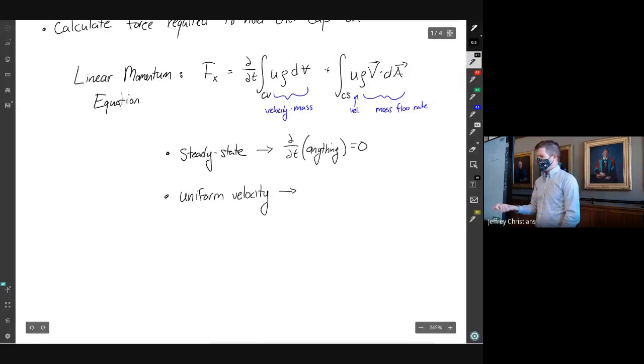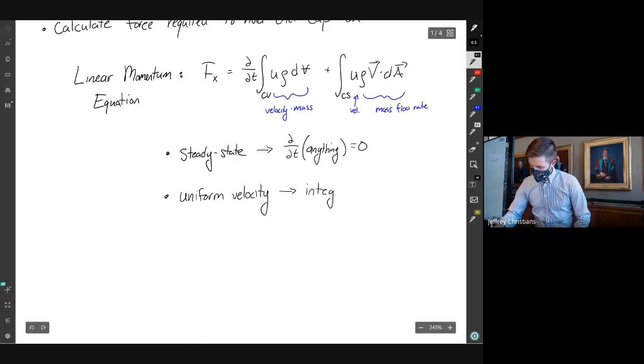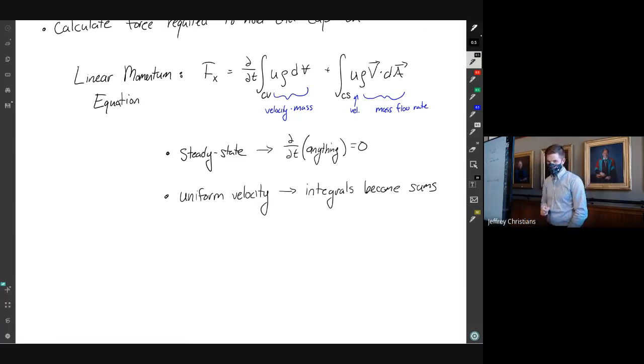The uniform velocity is not true, but it's handy because it turns integrals into sums. Multiplication and summation are easier than integration, although they're the same thing.